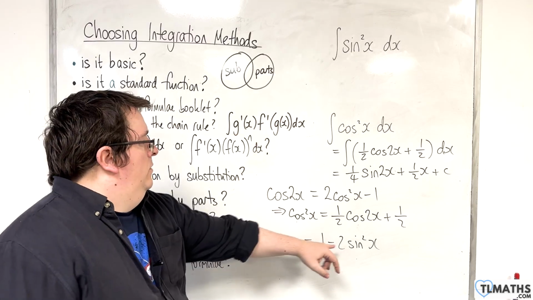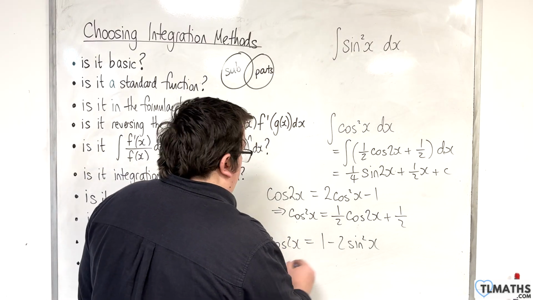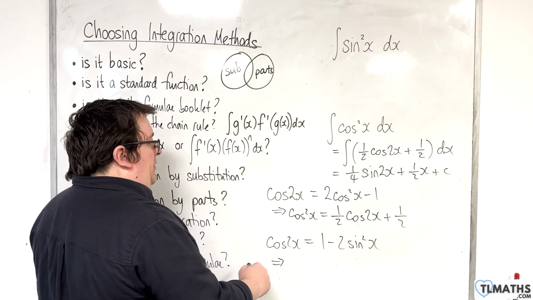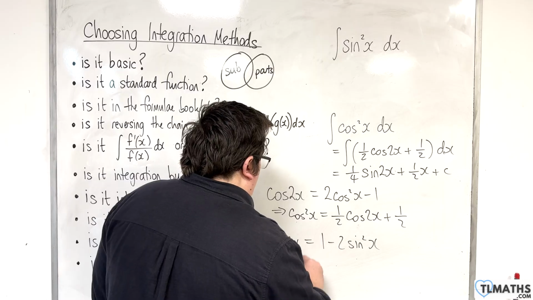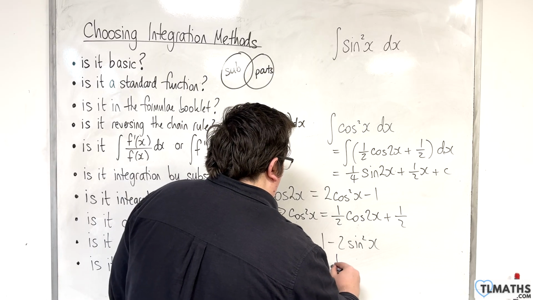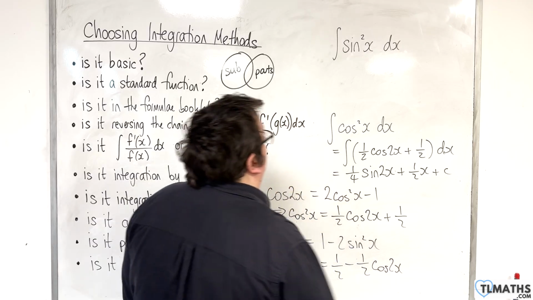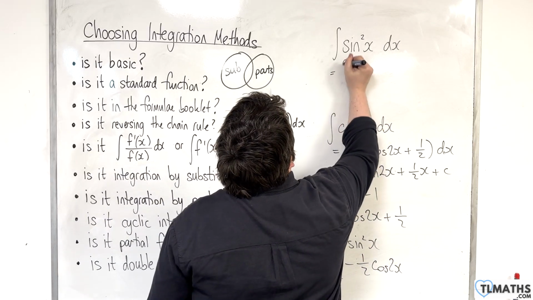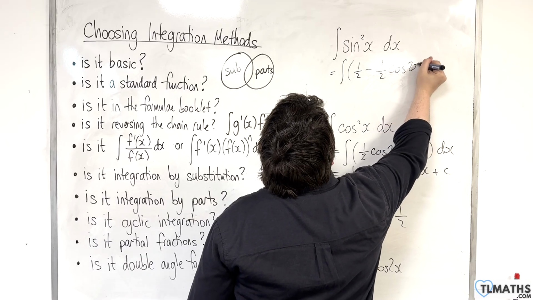Now, cosine 2x is 1 minus 2 sine squared. So if we rearrange that, add the 2 sine squared to both sides, subtract cosine 2x, divide through by 2. So sine squared is 1/2 take away 1/2 cosine 2x.